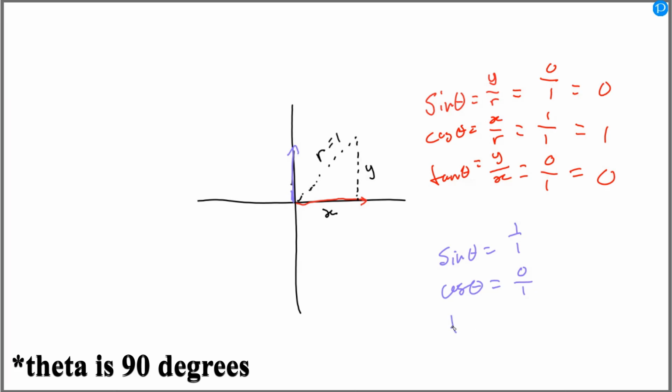And here, tan theta, what would that equal? Well, the y value, let's say it is 1, but then the x value is 0, so it's 1 over 0. But that's undefined. So tan theta, when it's at 90 degrees, is undefined.